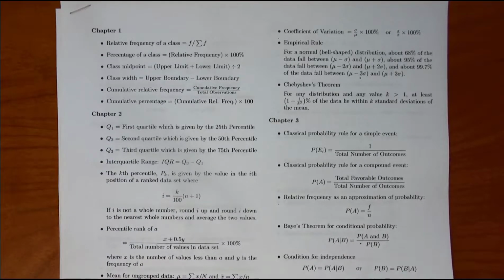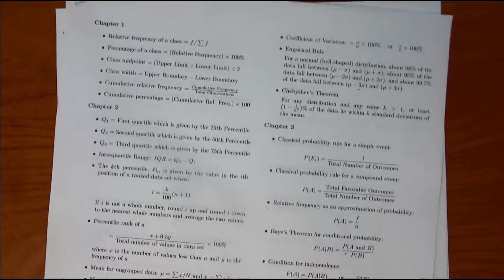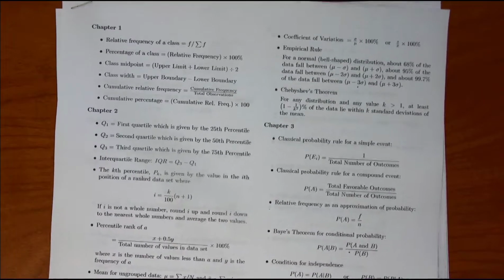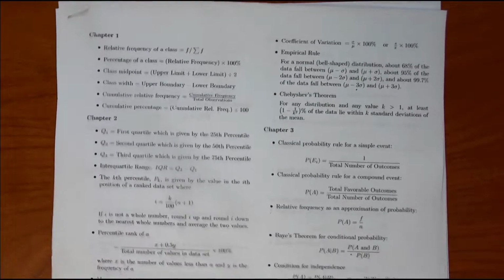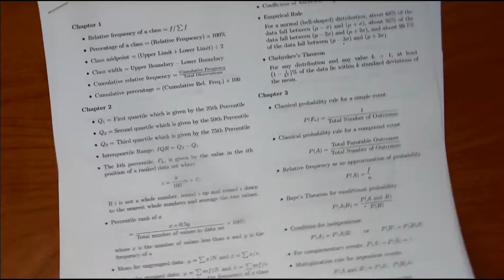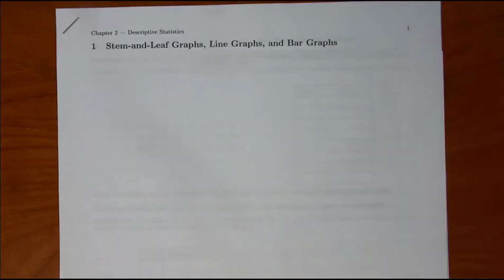You do want to make sure to familiarize yourself with this formula sheet, because this is the formula sheet you're allowed on the test, and you want to know where all the formulas are and know how to navigate this quickly. So make sure you're using this when you're doing your homework, so you know where to find the formula for standard deviation or for a quartile or percentile or whatever you're looking for. Okay, again, look for this in the Guided Notes folder.